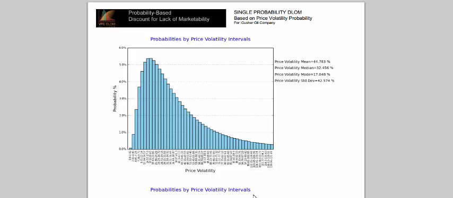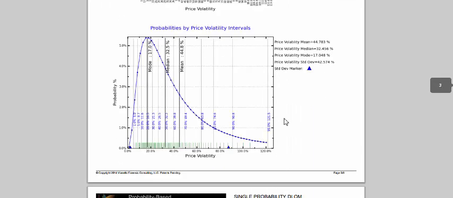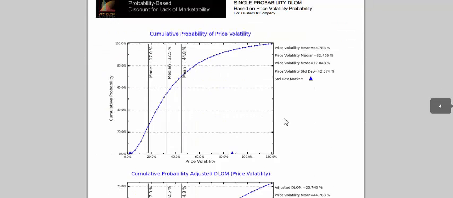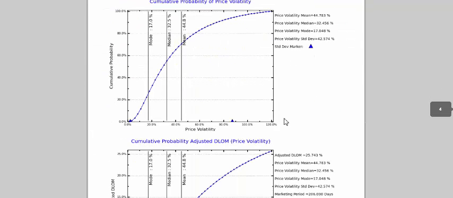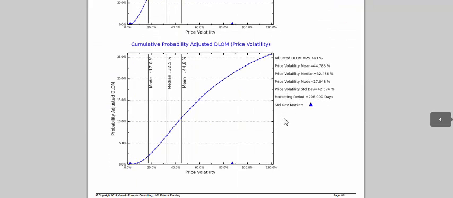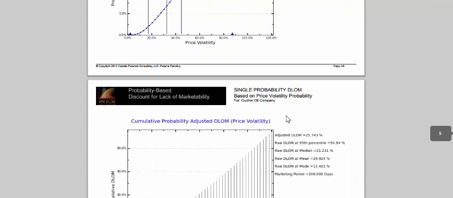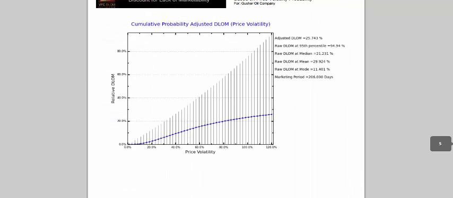The graphs help users understand the probability distribution of their variables, how probability and DLOM accumulate, and how cumulative DLOM compares with raw DLOM.